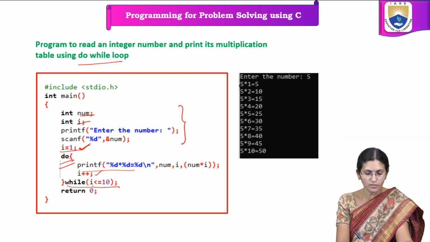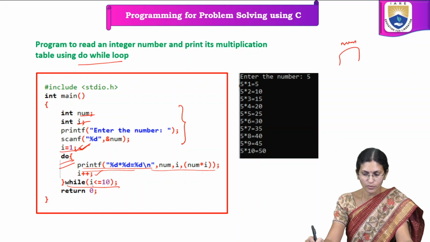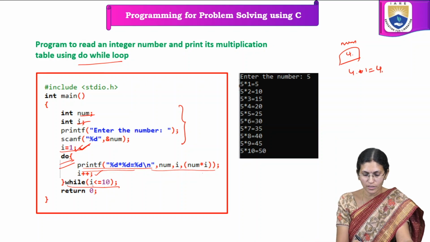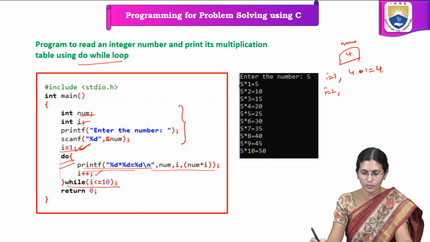So I is initialized to 1, then this statement will be executed. Suppose we are entering the number as 4, so 4 into 1 is equal to 4. This statement will be executed. After that the I value is incremented by 1. So for this, I is equal to 1.